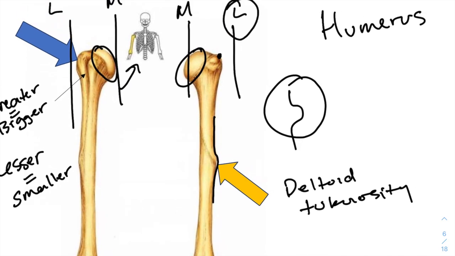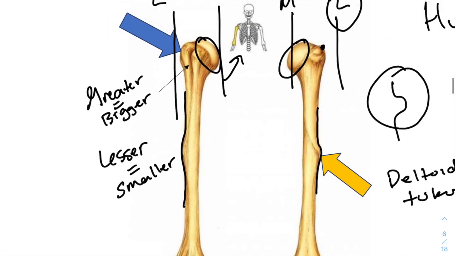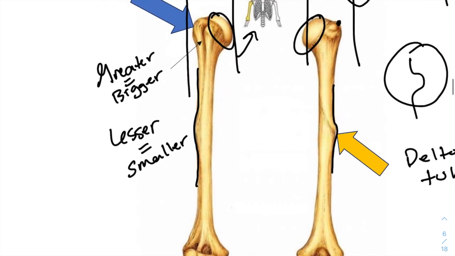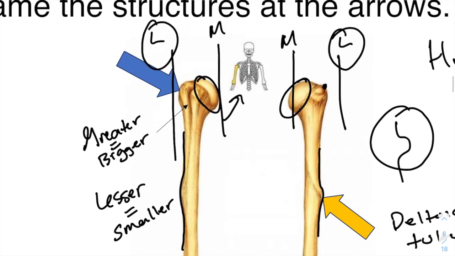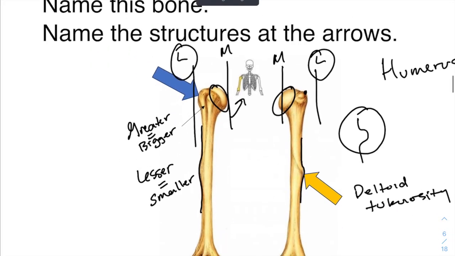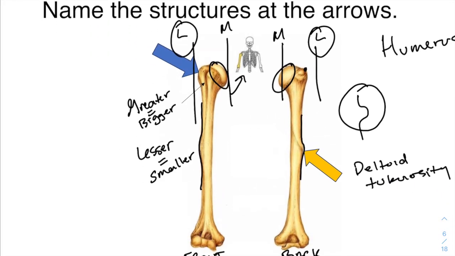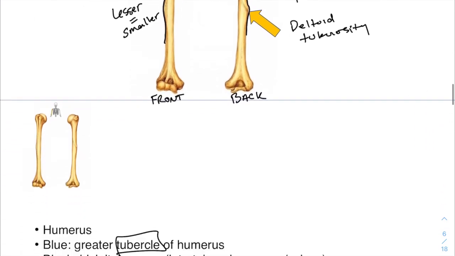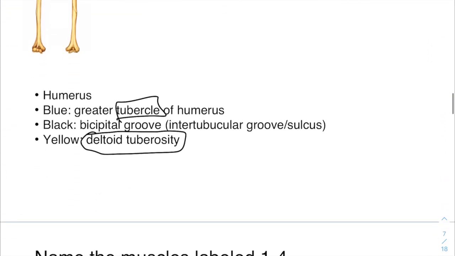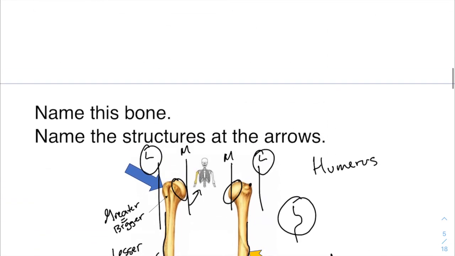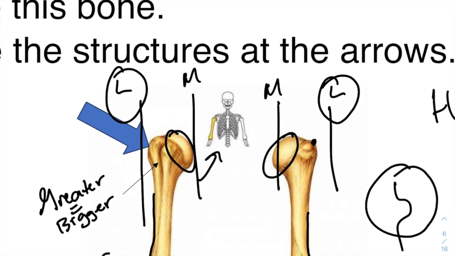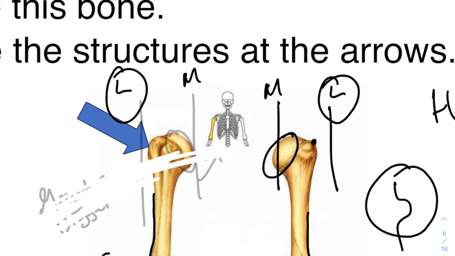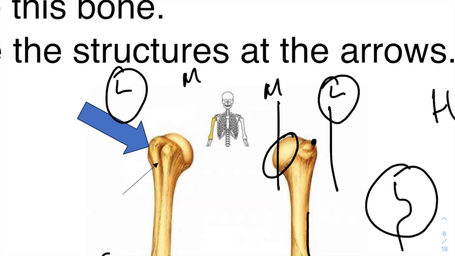And you can see it's on the lateral side. If you go around to the front of the humerus, you can also see that it's on the lateral side. So just make sure that you use these landmarks to help orient yourself and confirm what you're looking at as they're presented to us on the exam, and hopefully that makes things a little bit more clear.